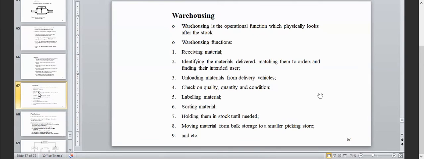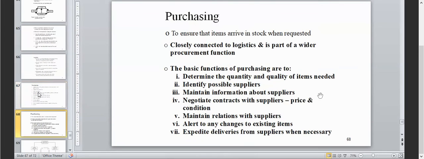Normally these companies set up at the boundaries of the country, at the industrial zone. So we can find these warehouses where they provide the service to the manufacturer to handle the inventory of the manufacturer.